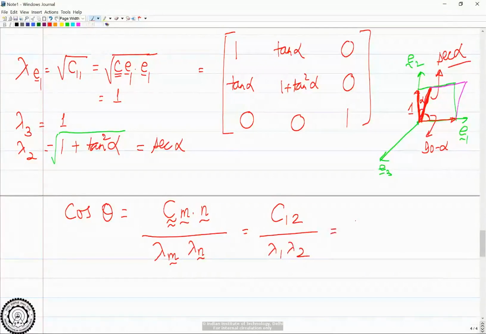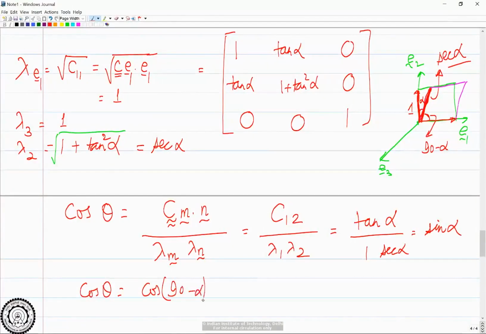And C12 is 10 alpha, and you divide by lambda 1, which is 1, and lambda 2, which is sec alpha, and this is simply equal to sine alpha, right? So cos theta is equal to sine alpha, which is cos of 90 minus alpha, and this implies theta is equal to 90 minus alpha, as it is in the picture also. Okay, so you can see everything is making perfect sense.